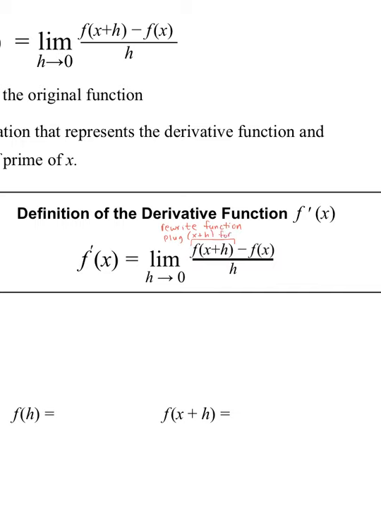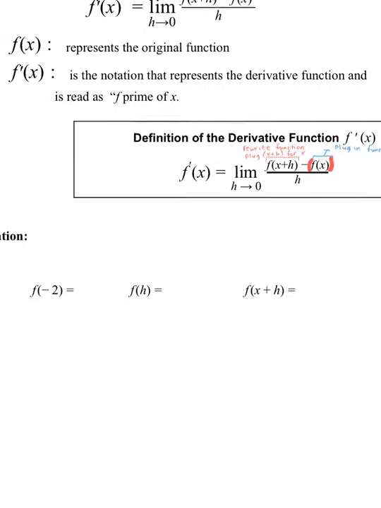Everywhere you see x, you put in x plus h. So that's the first part of your numerator. The second part of your numerator right here is just the function. We just plug in the function as is, f of x. And the big important thing is you put that in parentheses. All right, that has to be in parentheses. Right here, parentheses, because you have to distribute that negative. All right, so we're going to practice that.